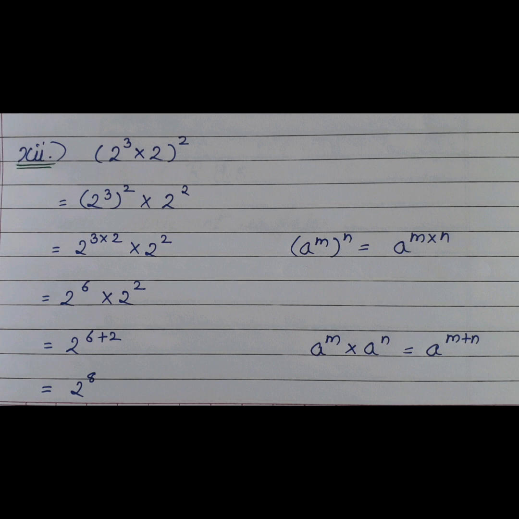So the rule of the double power says (a to the power m) to the power n becomes a to the power m into n. So the step will be 2 to the power 3 into 2 multiplied by 2 square. The next step will be 2 to the power 6 into 2 square, and now as the base is the same, the multiplication rule will apply and the powers will be added. And I will get the answer as 2 to the power 8.